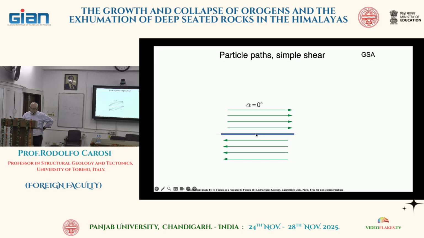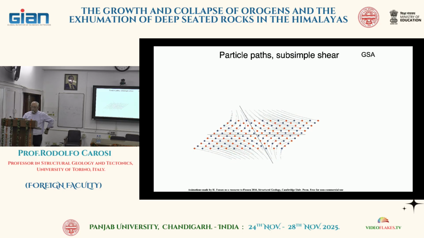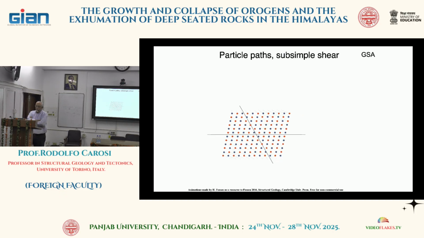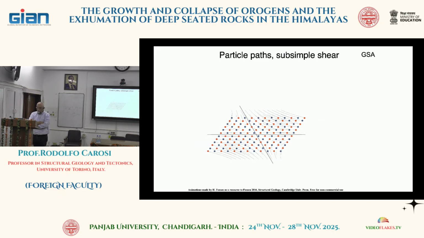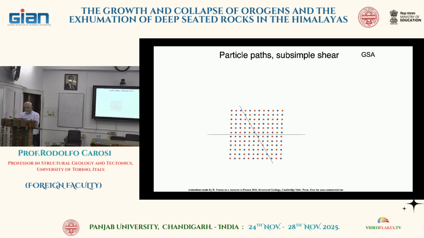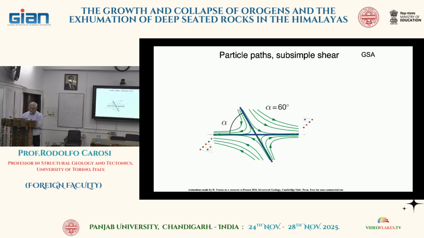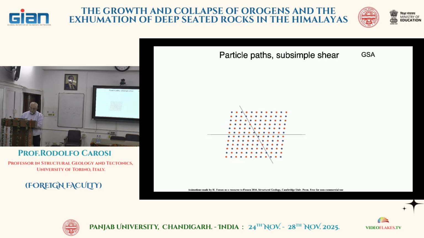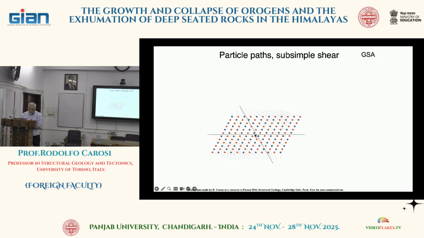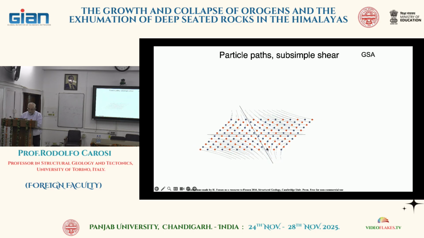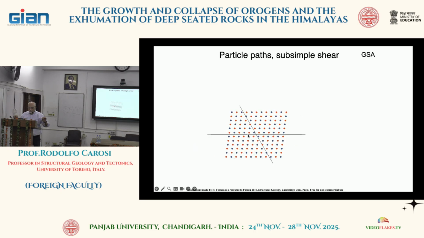When you mix simple shear and pure shear, you have a combined situation. All the particles move along curved lines, and only along this black line do the particles move in a straight way.